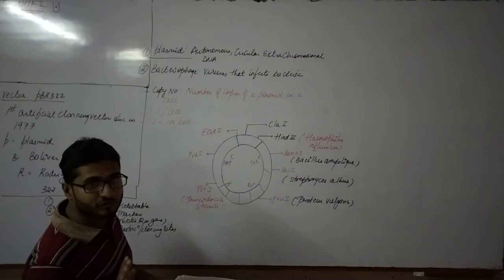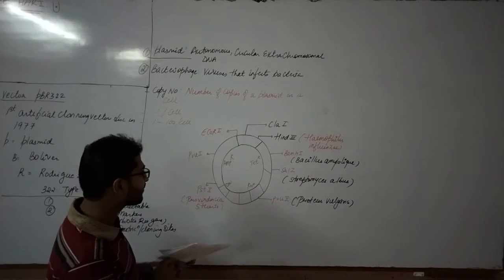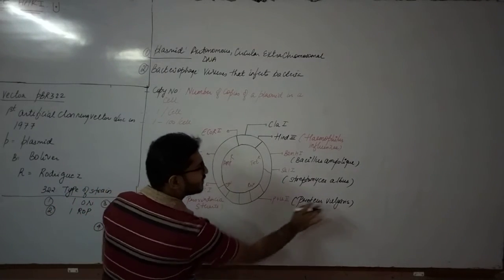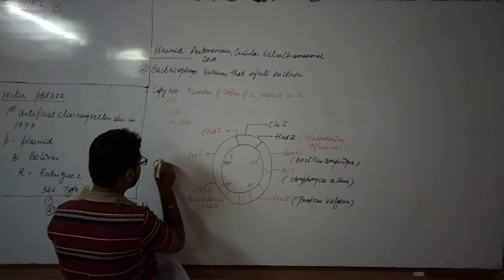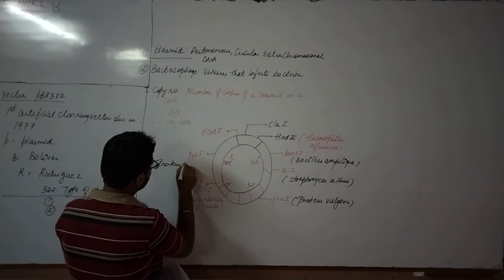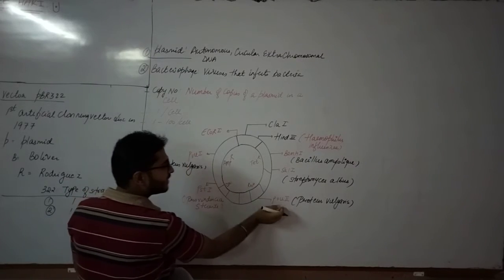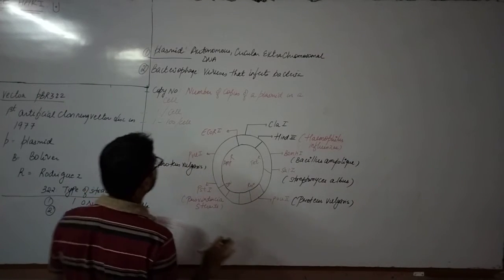All these are the names of the bacterium from which they have been isolated. PvuI, PvuII: Proteus vulgaris, the same bacterium, but the first is isolated first and the second indicates it is isolated a second time.